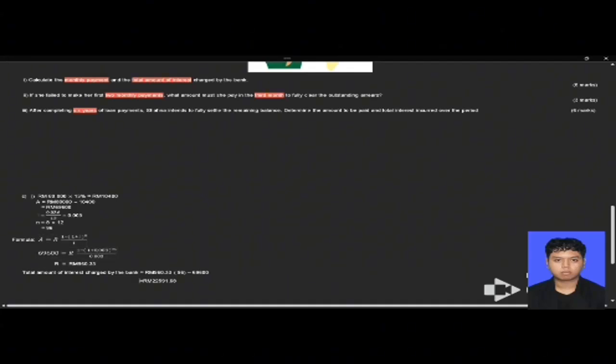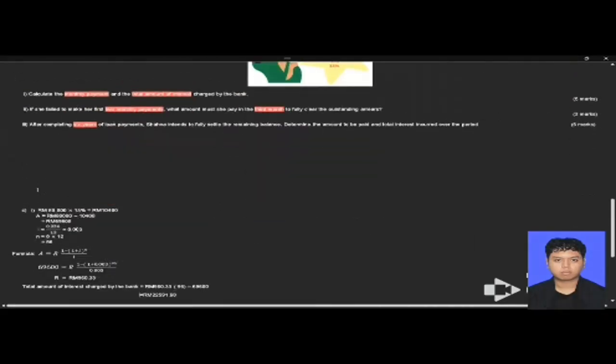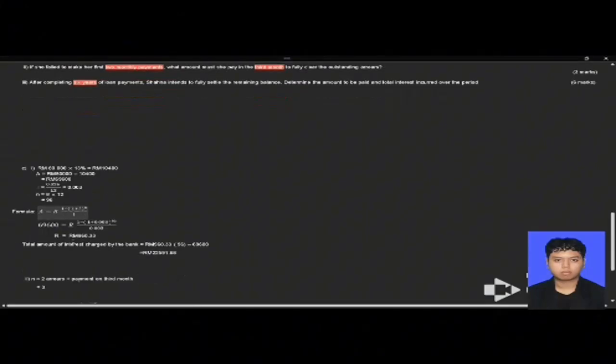But before that, we have to calculate the percentage of the down payment first to get our A, which is 69,600 ringgit. After that, we can substitute everything into the formula to get our monthly payment, which is 963 ringgit and 33 cents.